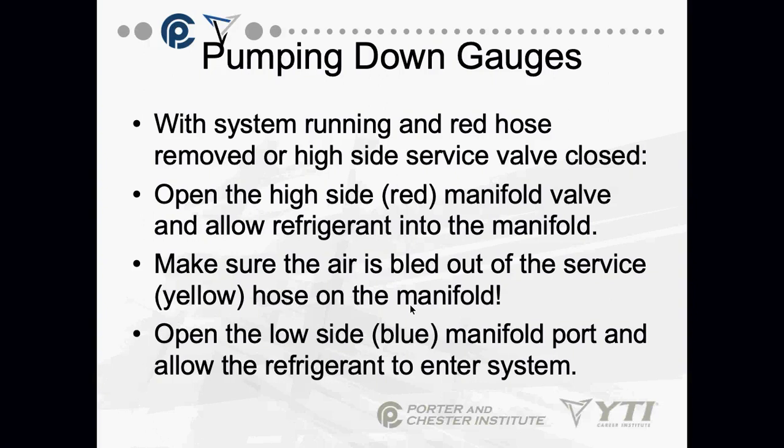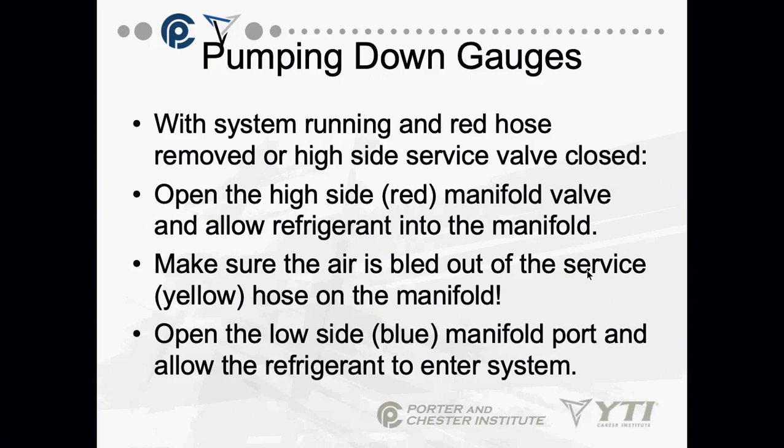With the system running and the red hose removed, we open the right side manifold gauge. That's the red. What it does is allow the refrigerant to move into the manifold. Now, we want to make sure we don't have any air in that yellow hose, because again, air is a bad thing.